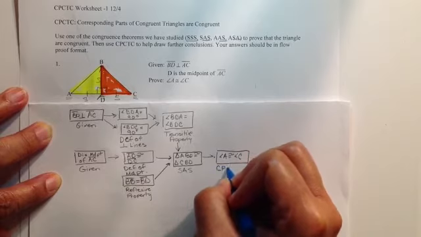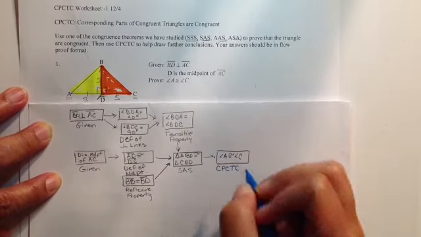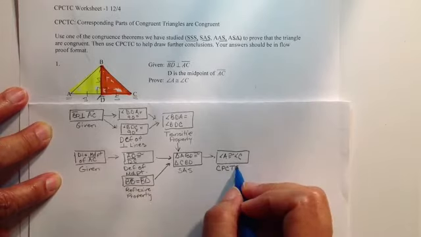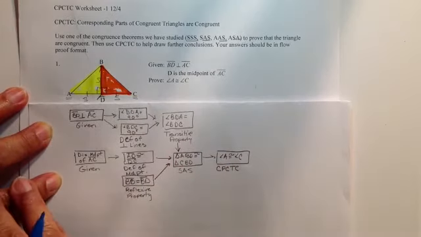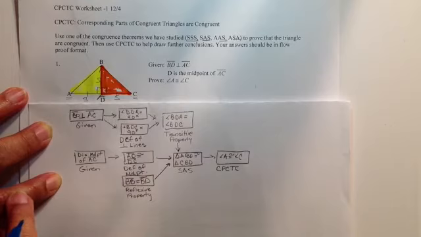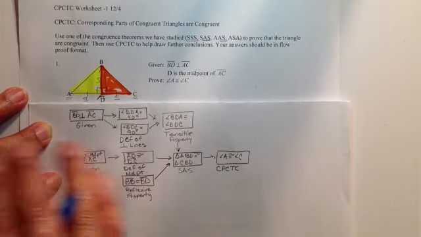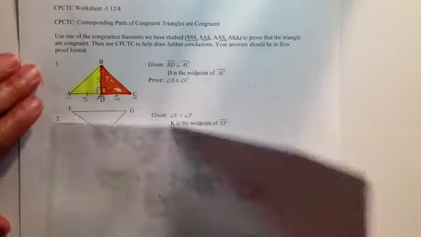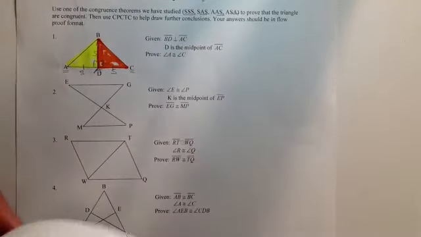Because of CPCTC. So now I've concluded my proof using a new method for us that I really haven't used previously, the flow proof. All right, let's go on to the next problem, number 2 on the page.